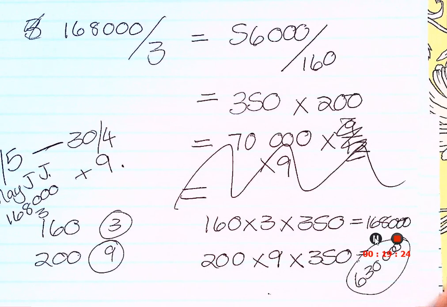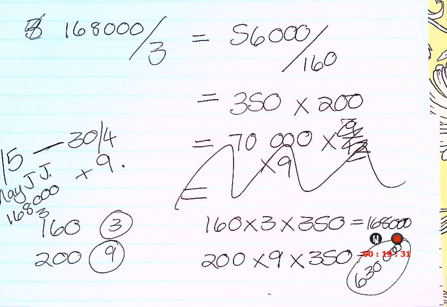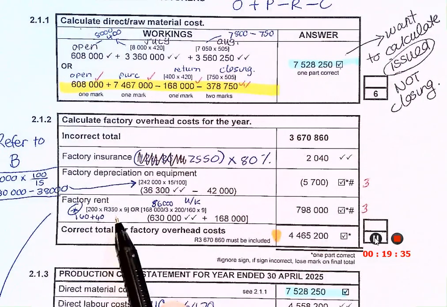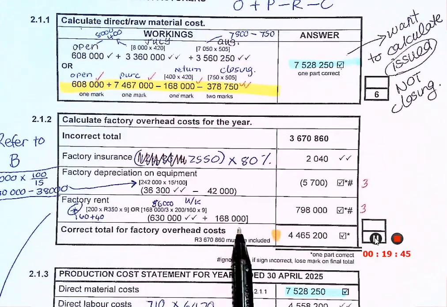And if I add those two, it gives me 798,000. Okay, that's what they got here. You see what he did is he only calculated the 630 and then he added the 168.